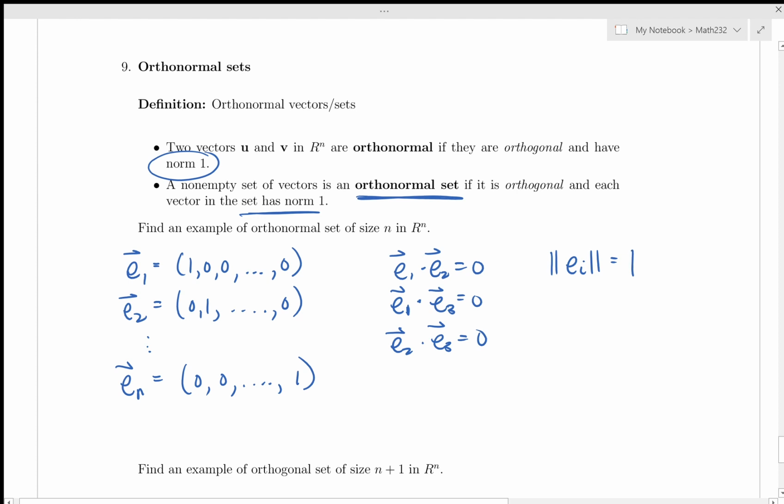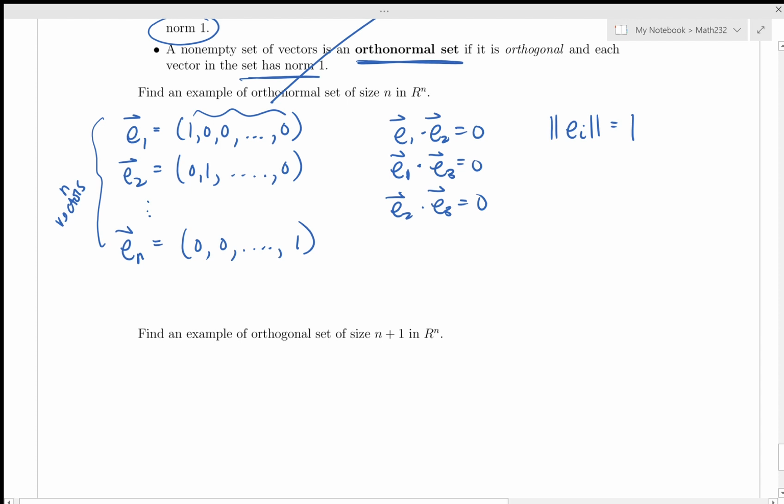There's n of them, and there's n entries in each. Okay, so we've got an orthonormal set here of size n in Rn.